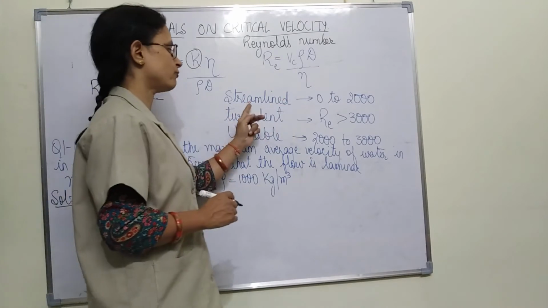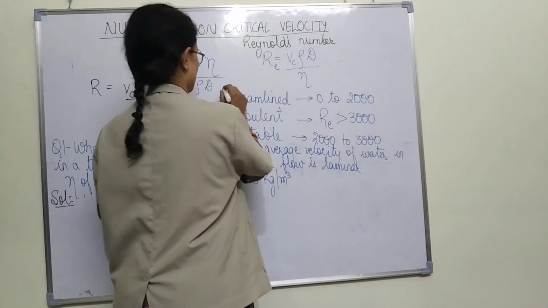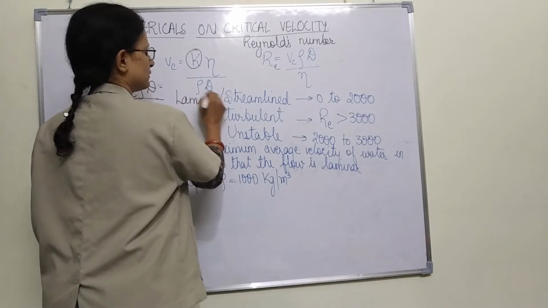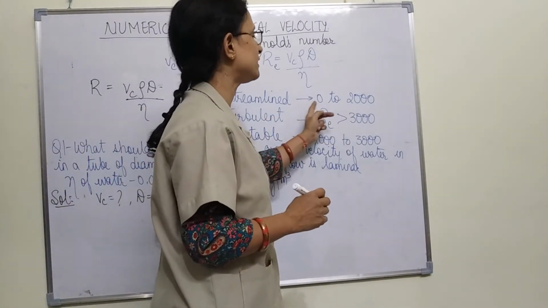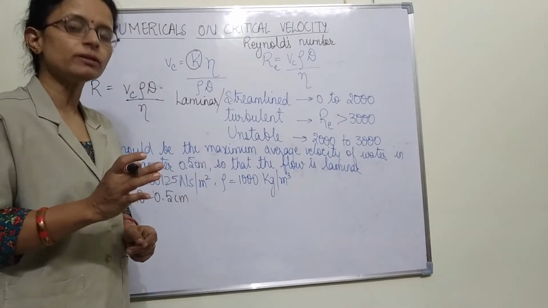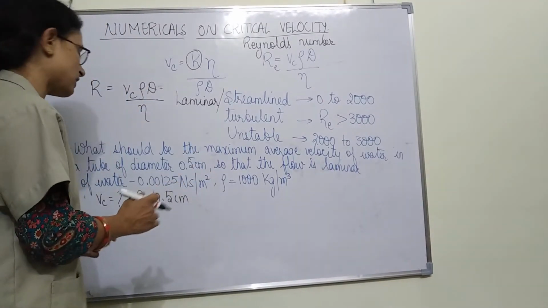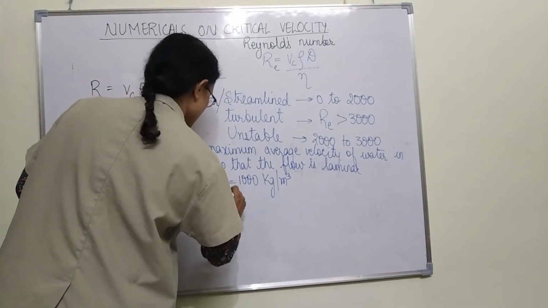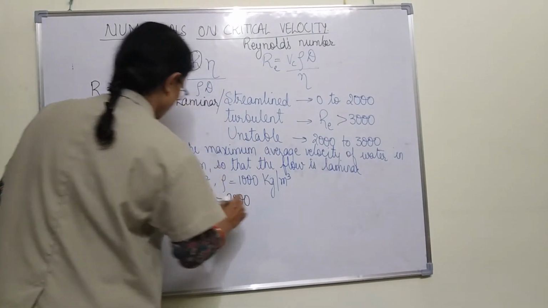For streamlined and laminar flow, the condition is that R should lie between 0 and 2000. So the maximum value should be 2000, and we consider that value. So here the value of R is 2000.